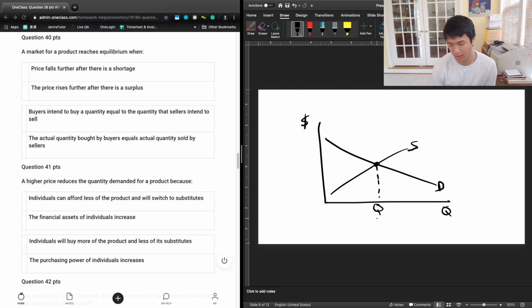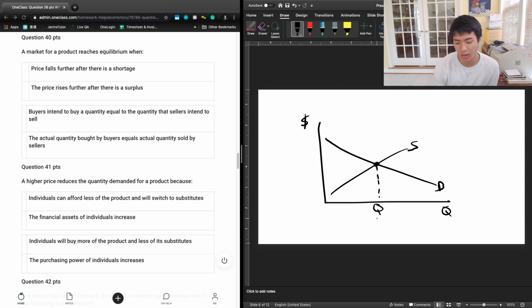So the question here is, and the reason for my hesitation was, what is the difference between answer choices C and D? Answer choice C says the amount that buyers intend to buy and sellers intend to sell, and D says the actual quantity that buyers buy, and the actual quantity that sellers sell.